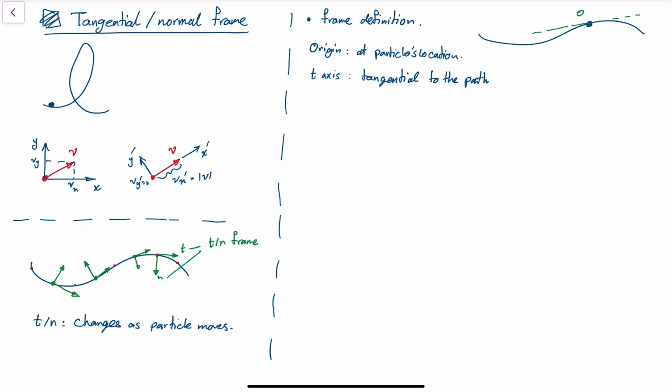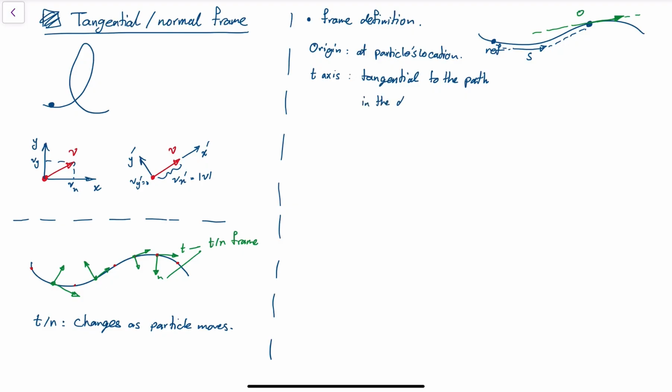And we define forward by considering a reference point S, or some reference point, and the distance along that path from the reference. And we take our tangential to be in the direction of increasing S.